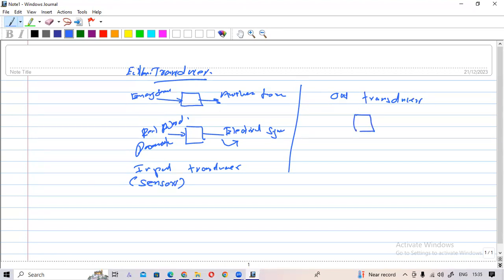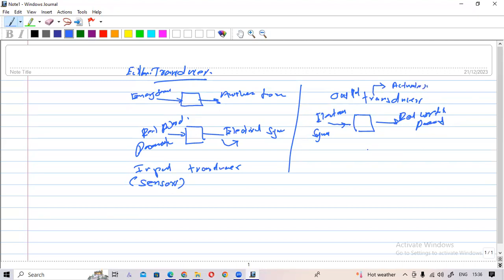That means the input to the transducer is an electrical signal, and the output may be a real world parameter or a real world energy form. These output transducers are sometimes called actuators.